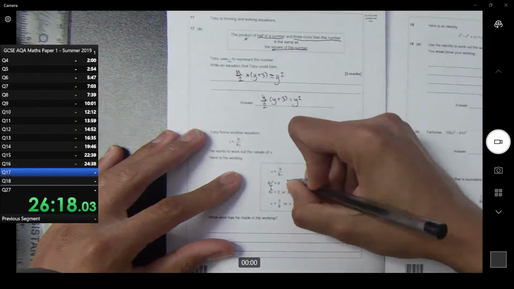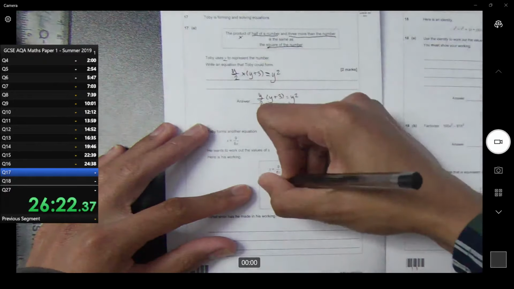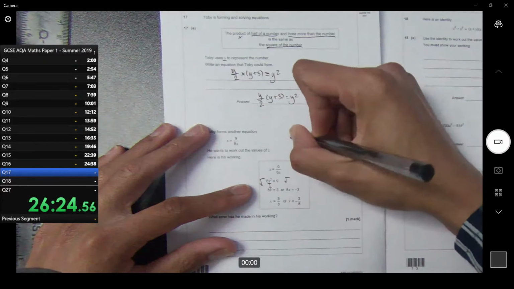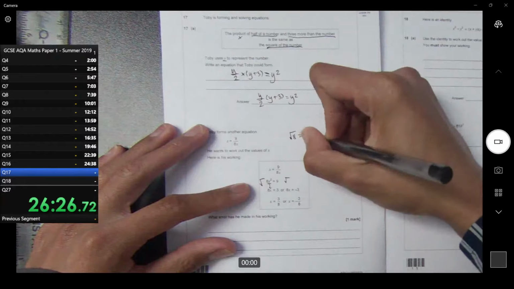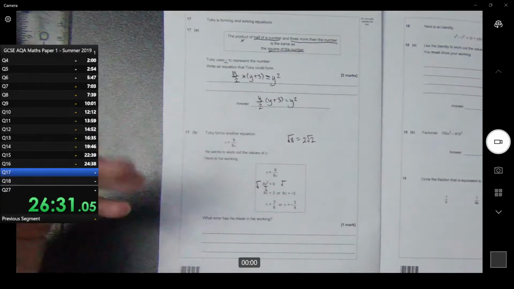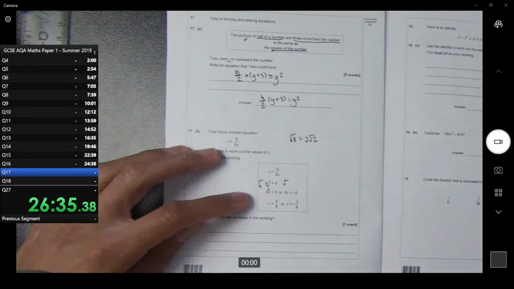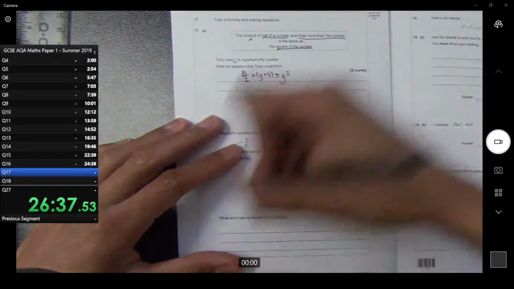So he square rooted this side, but he didn't square root this side because he had forgotten to square root the 8, because square root of 8 would have given him 2 root 2. Now sometimes in some mark schemes this isn't enough to say the error, so what he should have done was divide both sides by 8.